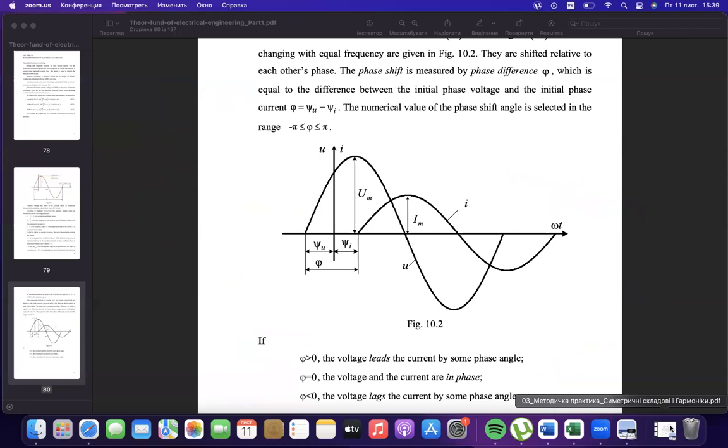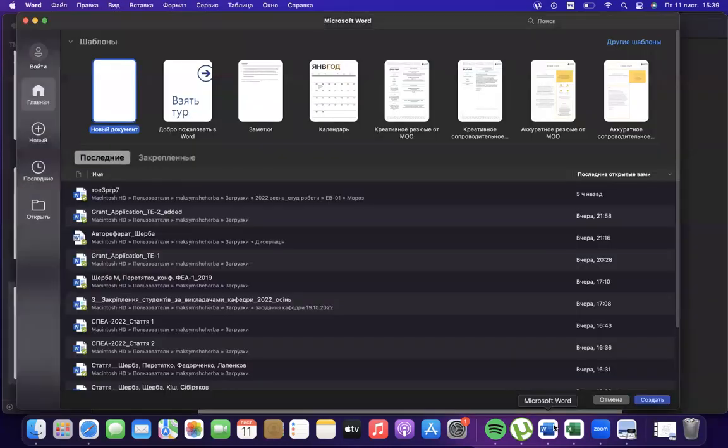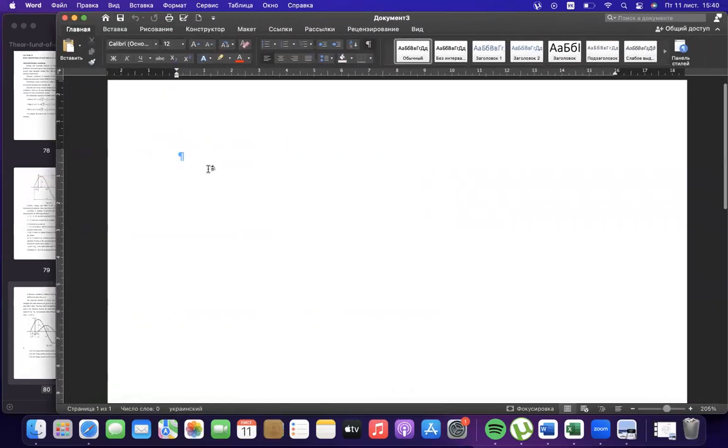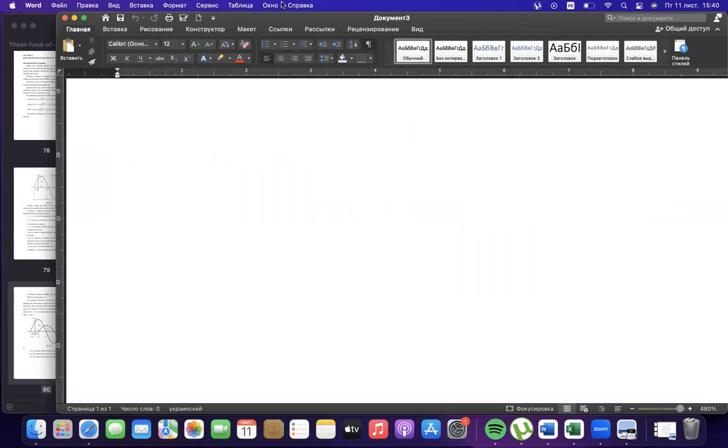Why do these angles appear? Why are we speaking about these numbers? Because of the main physical equations.